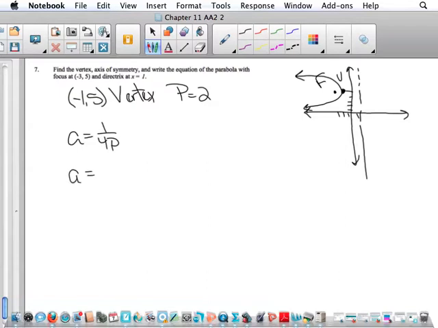So a is equal to 1 over 4 times 2, which is 1/8. So the equation of this parabola, remember it opens left, is going to be x is equal to negative 1/8 (y - k) squared plus h. Be careful with that. And that would be the equation of that parabola.